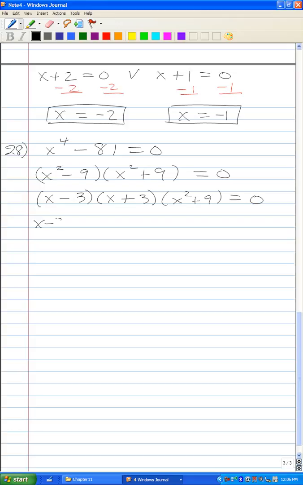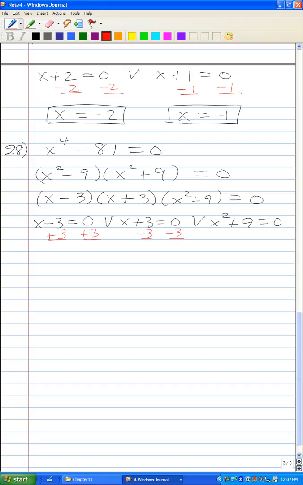Set each factor to 0 and solve for x. Using the quadratic formula, I'll get the same answer. So it's sort of a good practice to do that.